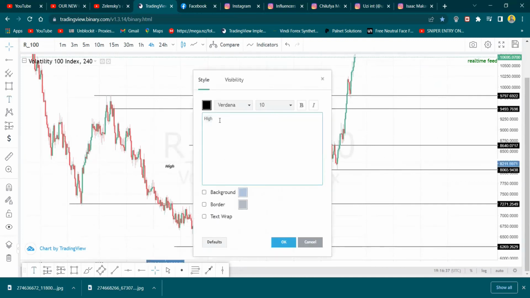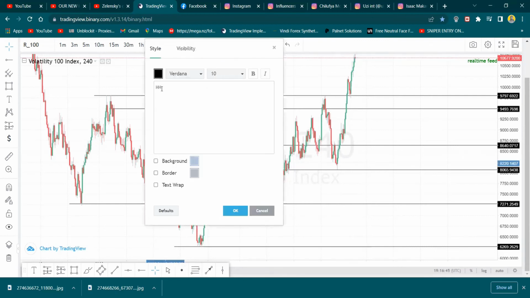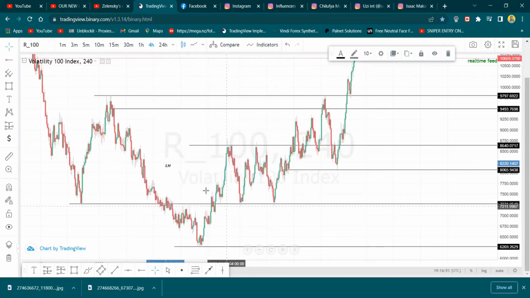Let me just write them so that you see how the market changes. So this is a lower high. This was a lower high. This is also a lower high. Then this one is also a lower high because it did not close above this high.